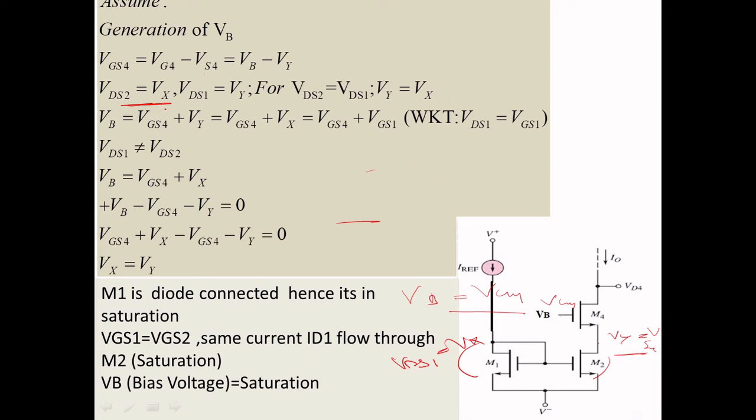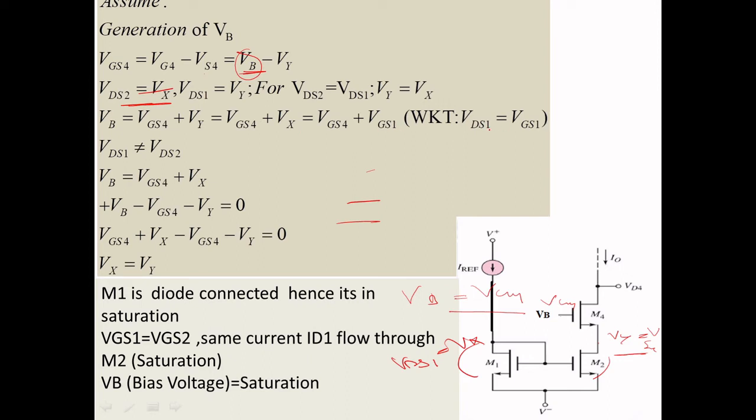If you rewrite this equation, from the first equation I am writing VB, so Vy comes to the left side: VB equals VGS4 plus Vy. We know that Vy equals Vx, so with that assumption VB equals VGS4 plus Vx, or VGS4 plus VGS1.